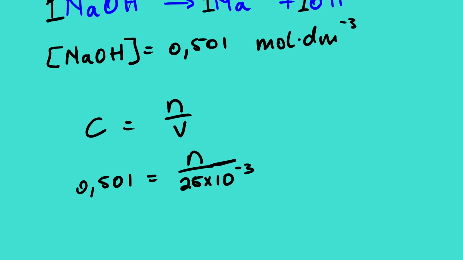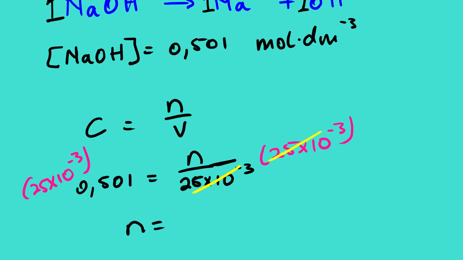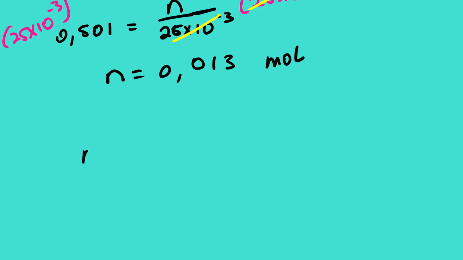Then we multiply both sides by the number under the fraction, which is 25 times 10 to the power negative 3. This will get rid of this, and then we have the number of moles, 0.013 mole.